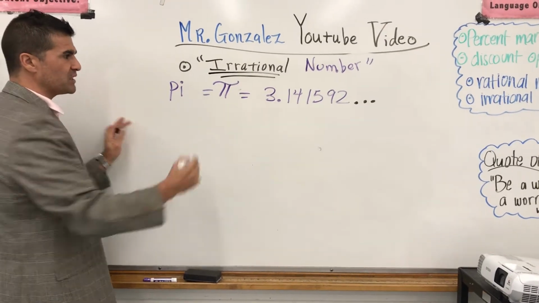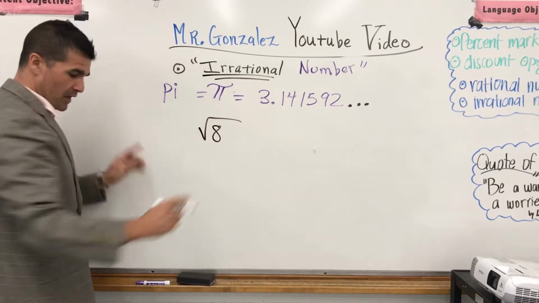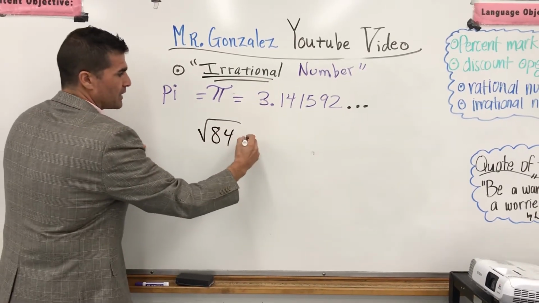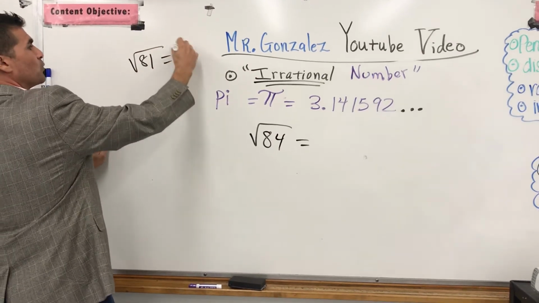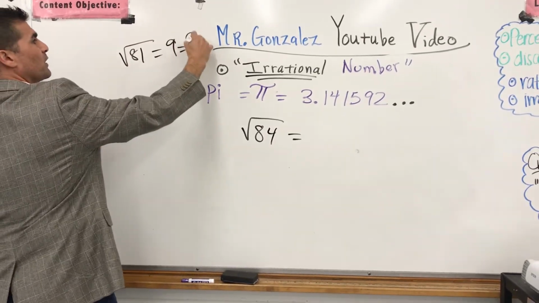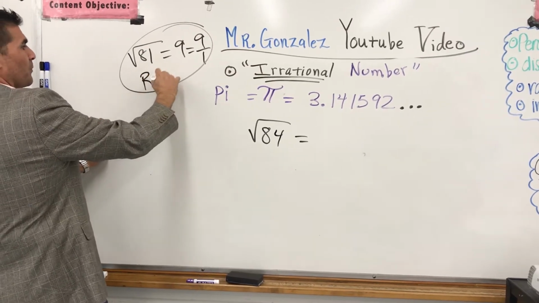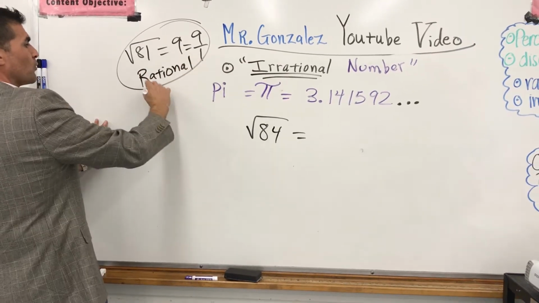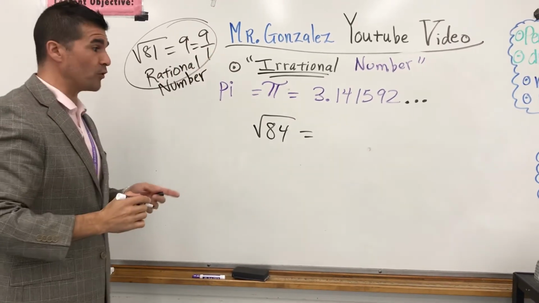Another example of this is if I took the square root of 84. Now, we know that the square root of 81 equals 9, which can be written as 9 over 1. This is called a rational number. This is a rational number because 9 and 1 are both whole numbers.